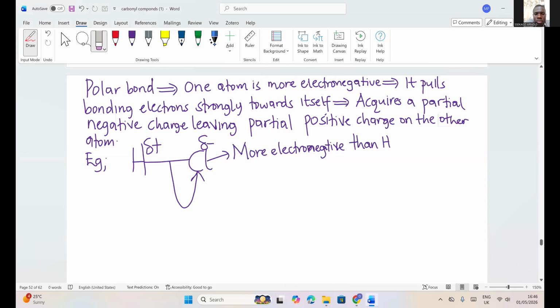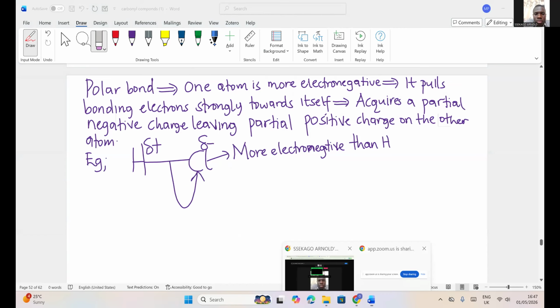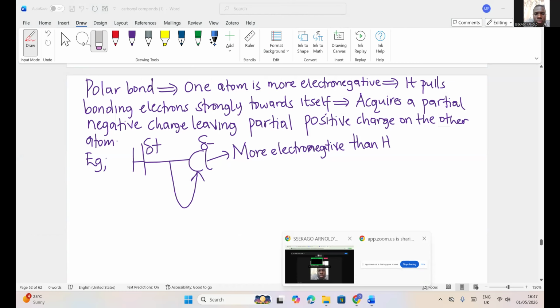Colleagues, I think I have explained. Let me first stop here. Now the question you may ask me in the chat: when do you know that one atom is more electronegative than the other?